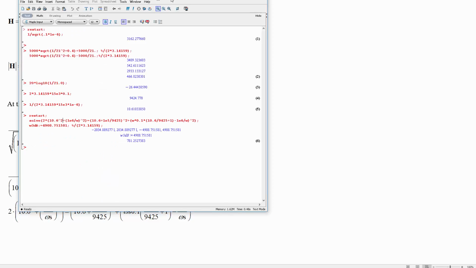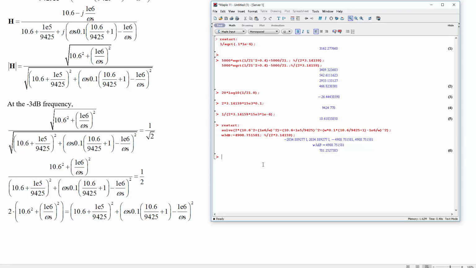So the point where this actually cancels out should be, let's call this the resonance. W res looks like it's going to be, if you simplify this out, the square root of 1e6 over 10.6 over 9425 plus 1. And that says that it's 999.